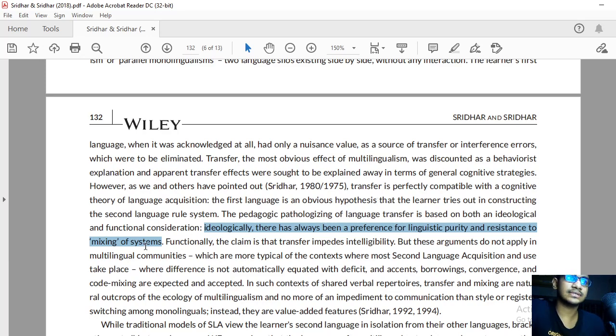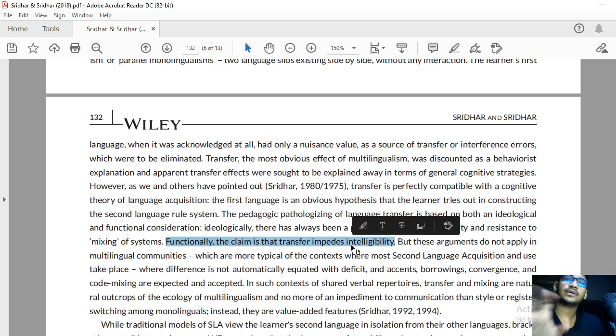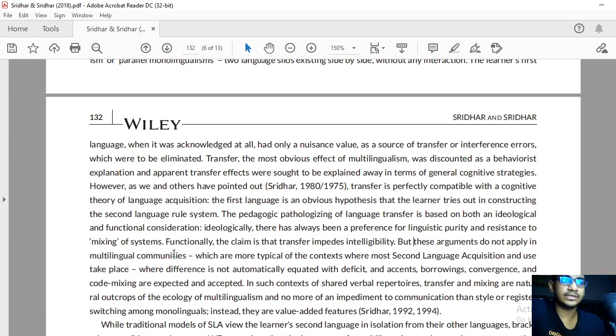That was one reason. The second reason was functional: the claim is that transfer impedes, meaning stops or acts as a barrier to, intelligibility. As we already discussed, intelligibility means the ability to be comprehended, to be understood. But these arguments do not apply in multilingual communities.